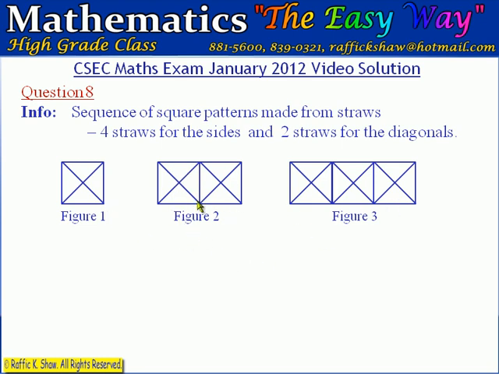So an additional square with the diagonals is added, and in the third figure another one is added. So there's 1 square in the first, 2 squares in the second, and 3 squares in the third.